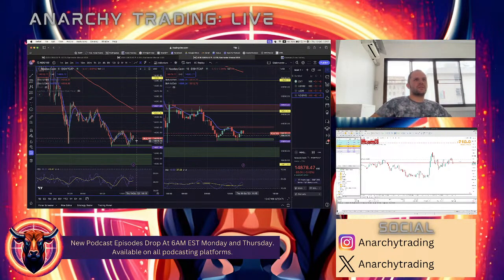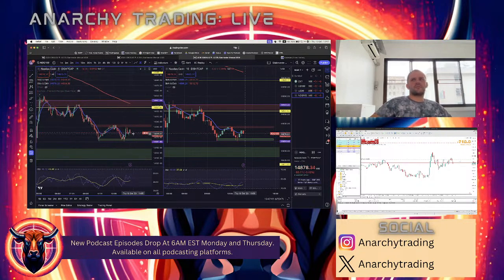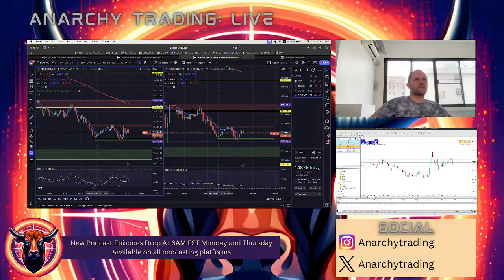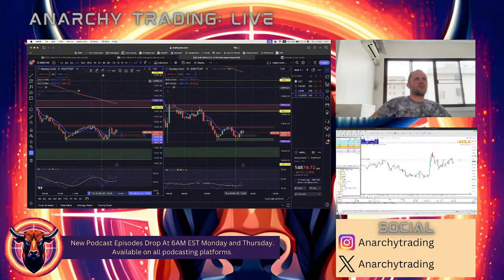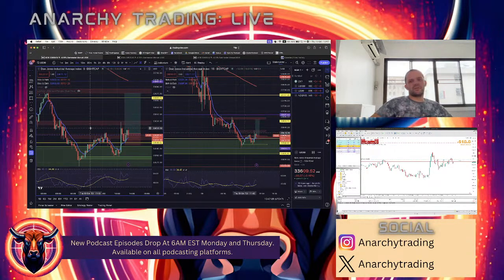And then let's look at NAS. Not much we can do here with NAS. It's just in the middle of all this. You could consider adding another line and going short if it breaks right here. But we are in Dow long, so I wouldn't take NAS short.